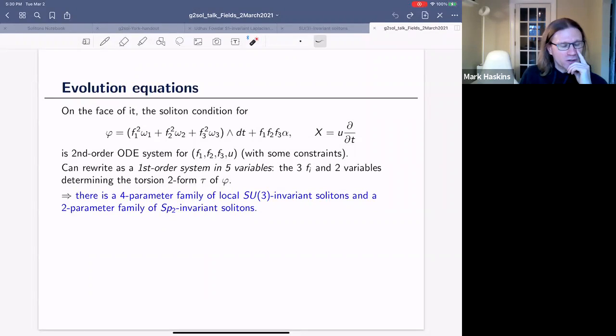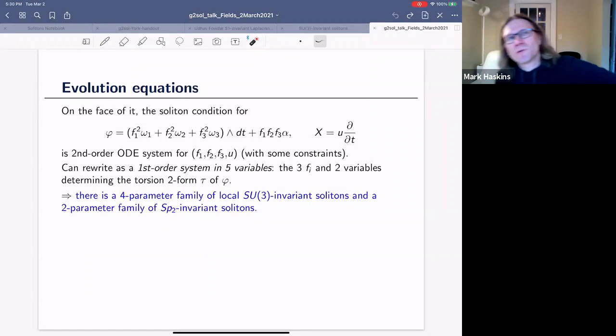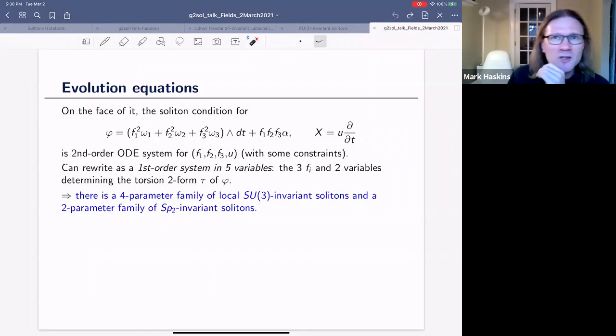this is a closed G2 structure. You can understand its torsion. Its torsion is always given by a 2-form of special algebraic type, of type 14. We have a 3-dimensional space of invariant 3-forms, but only a 2-dimensional space of invariant forms of type 14.